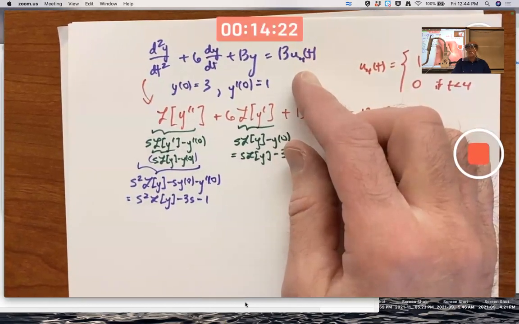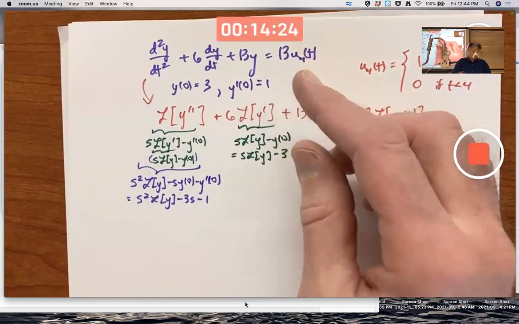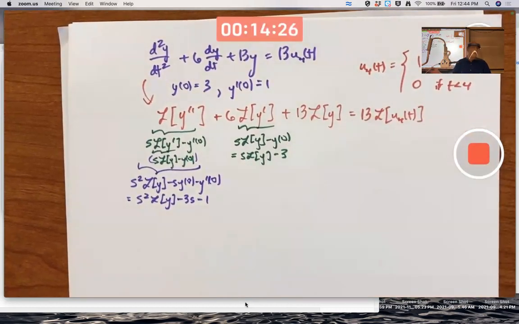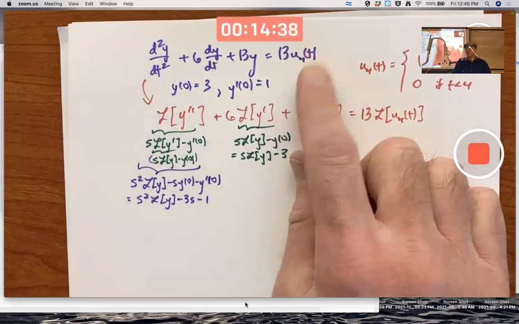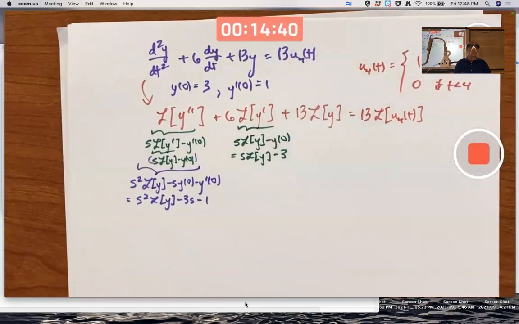I think it was cosine of 2t or cosine of 3t, which could also be solved by complexification, chapter 4. And the complexification approach is actually easier than the Laplace transform approach. But here we have a discontinuous forcing function, so it's definitely better to use the Laplace transform, even though it's not super easy or pleasant. Kind of fun when you don't make mistakes, but it's very, very easy to make mistakes.